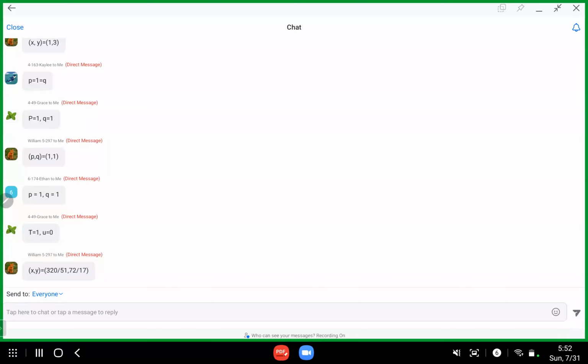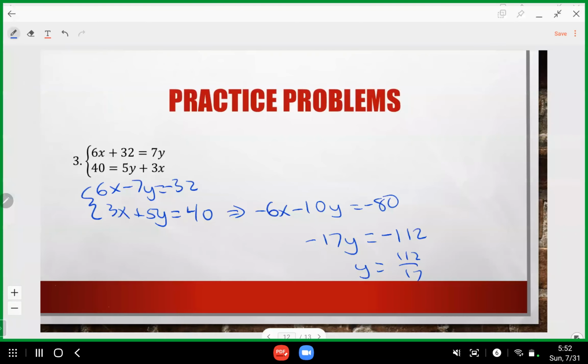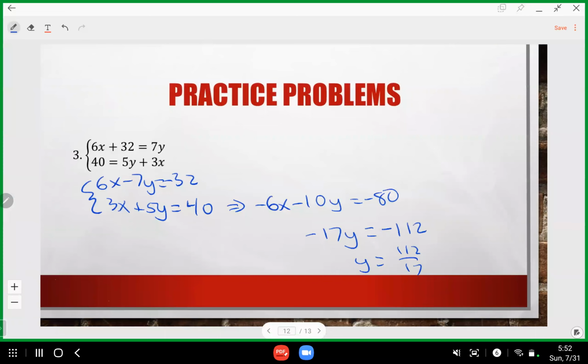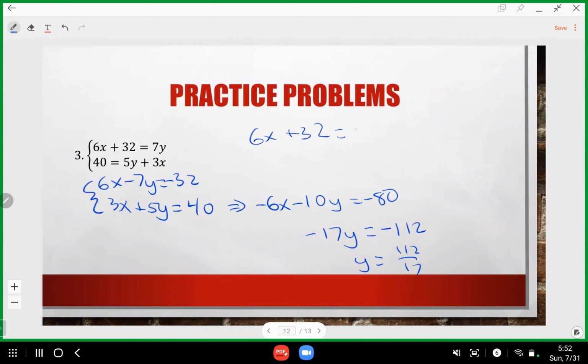William, you got a different answer. Let's see if that's correct. We're going to have to plug that in. But anyways, let's find the x. All right, so 6x, right, plus 32 is going to be equal to 7 times 112, and then some.